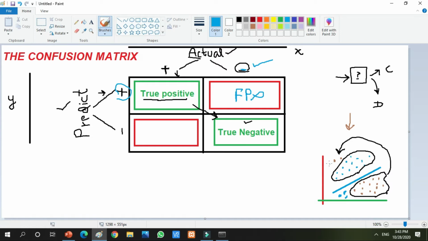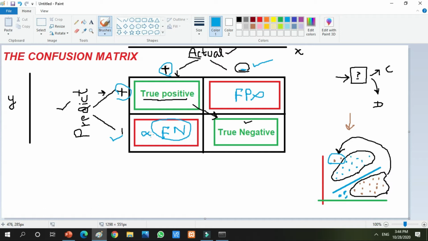We can see here that the model is putting the brown points with the blue points. It is wrong. And the other thing remaining is the false negative. Suppose in actual there is a dog, but the model says that there is no dog, so it is false negative, and it is also a wrong prediction made by the model. So in the confusion matrix we are determining the precision and the accuracy of a model using these techniques.